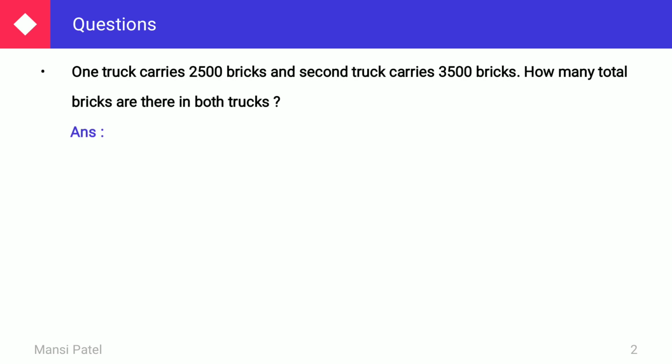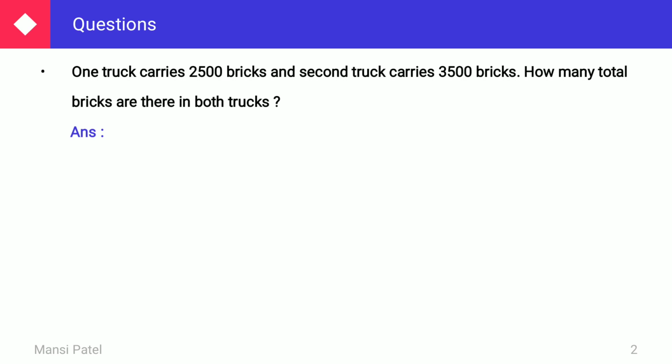Now, see in this question, they were given the number of bricks. One truck carries 2500 bricks and the second truck carries 3500 bricks. Now they are asking how many total bricks are there in both the trucks.